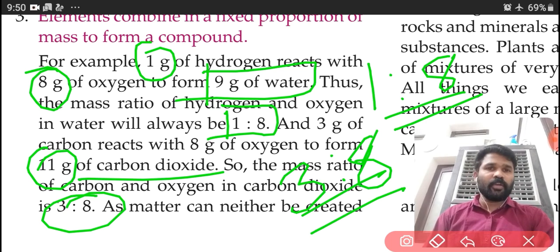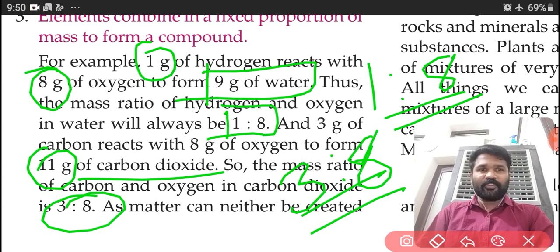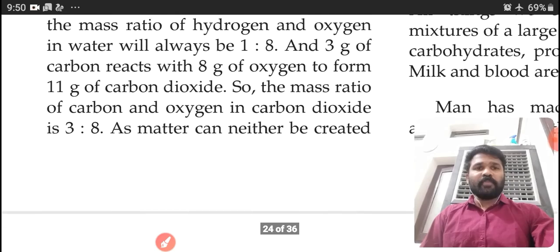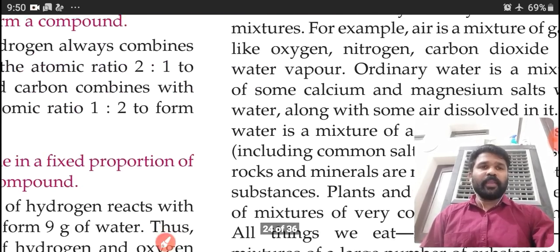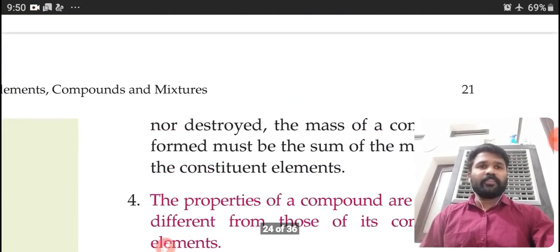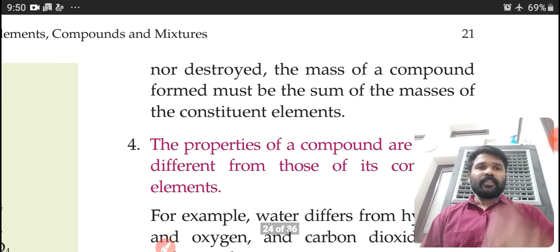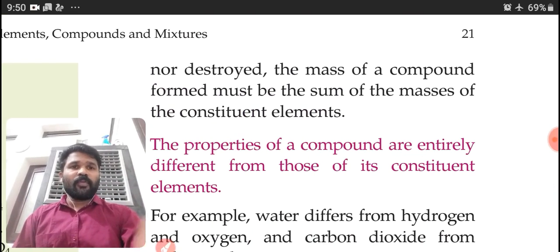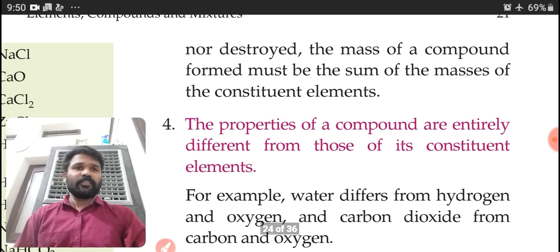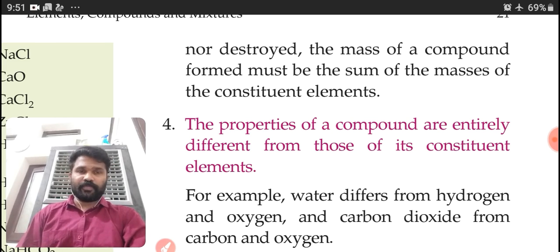As matter can neither be created nor destroyed, the mass of a compound formed must be the sum of the masses of the constituent elements.